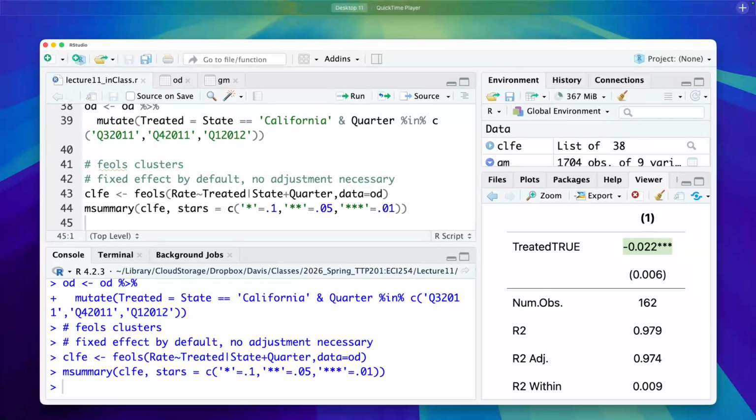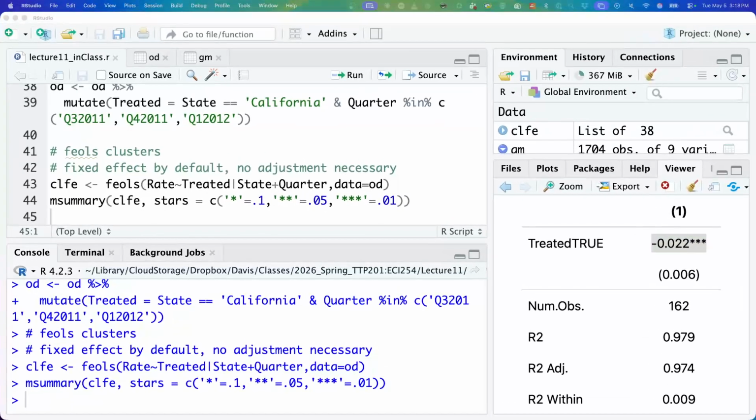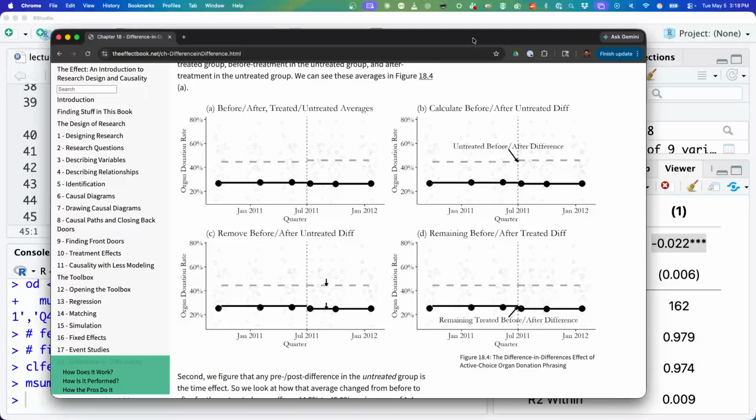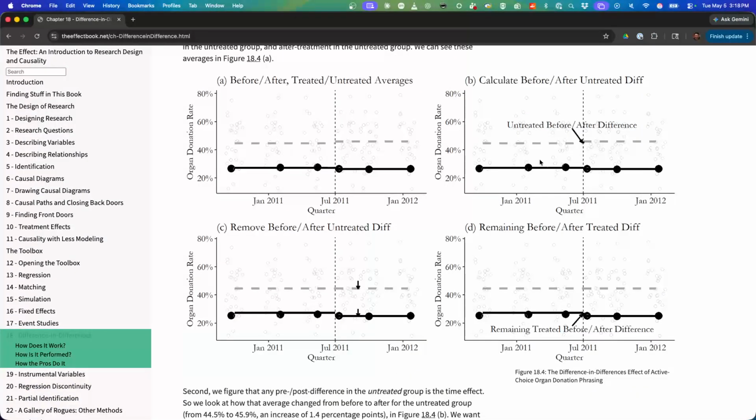I can show this is a visual representation of this effect. So what's happening here?